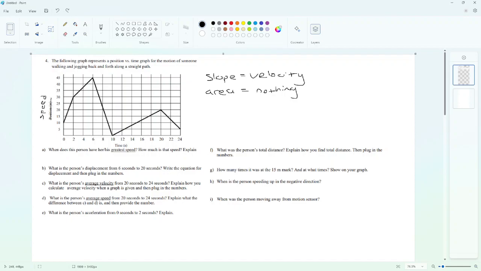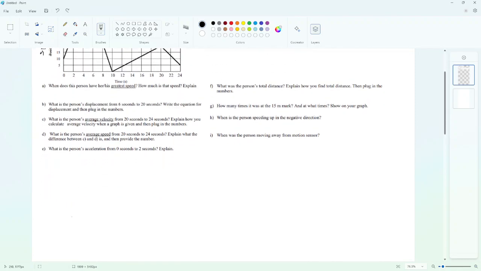So if we're looking for the greatest speed, we're just looking for the greatest magnitude, which in this case, let's go ahead and calculate the slopes here. If we're dealing with this, and this is our x, and this is our y, our slope is going to be equal to y divided by x.